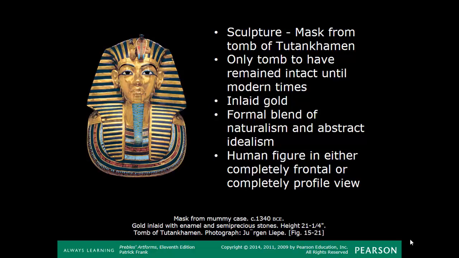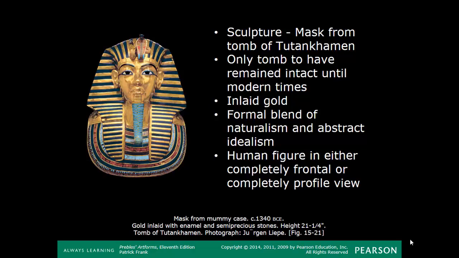You could say that one of the reasons why his was not dug into was that he was actually a very famous, a very popular pharaoh. He had many admirers. Something about this work in general, gold inlays.